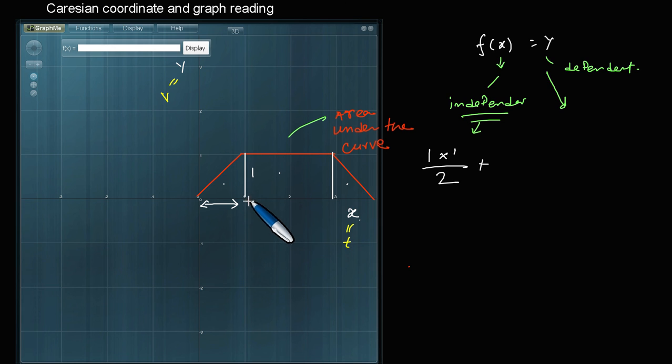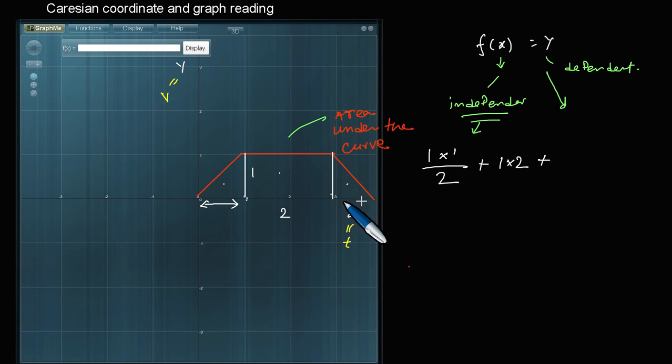This is 1 and this is 1 to 3, that means 2. You got it? 1 and 3, so the difference will be 2. So the area of this rectangle is 1 into 2. I'm not discussing the formula. You know the formula of a triangle and a rectangle. It's very easy.